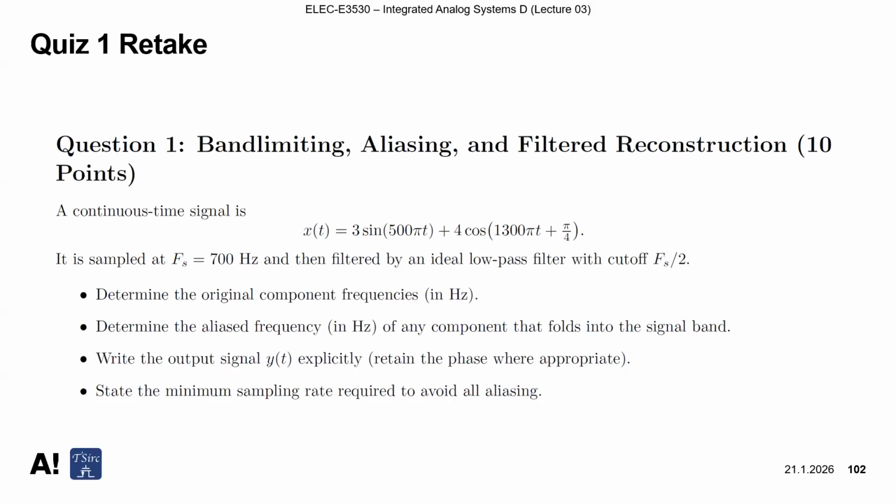So it will be like this. This one is copy and pasted, at 2 fs. And then this one will be also copy and pasted, at 2 times fs, and also the other way. This one is copy and pasted, and this one is also copy and pasted here.